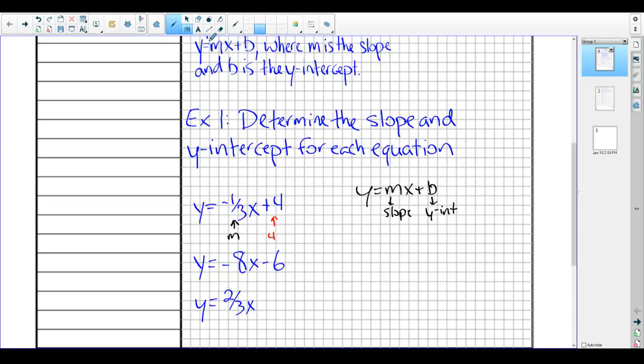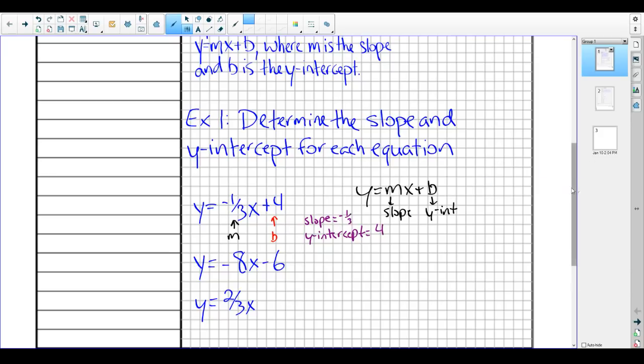Not what is 4, but that represents our y-intercept. Okay, so we can say our answer, slope equals negative 1/3, and our y-intercept equals positive 4. Okay, and that's all we're doing here.